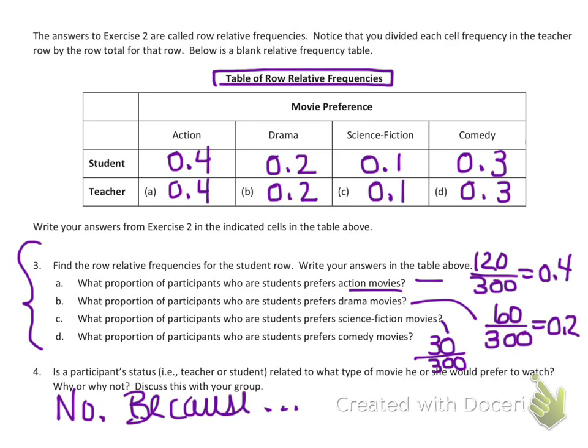Because their preferences appear to be exactly the same between students and teachers. 40% of students prefer action, 40% of teachers prefer action. 20% prefer drama in both cases. So teachers and students are just as likely to prefer the same type of movie, I mean, in the same proportions. Okay, and we can see this by the row relative frequencies, by this table of row relative frequencies.